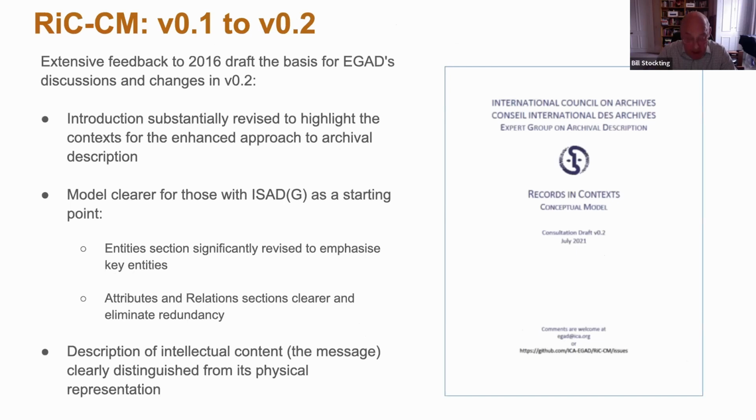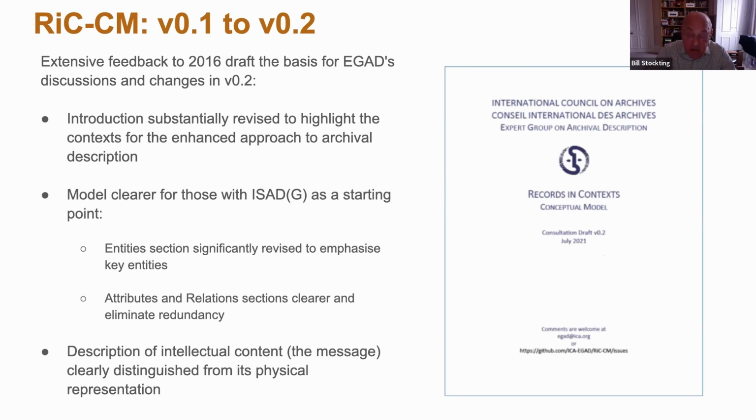The extensive feedback from the first draft has served as a basis for EGAD's discussion since then. The result of this work is that the second draft exhibits some significant changes from the first. The introduction has been substantially revised to highlight the intellectual and technological contexts that account for the model's revised approach to archival description. The feedback suggested the model needed to be clearer for those whose starting point is ISAD(G).